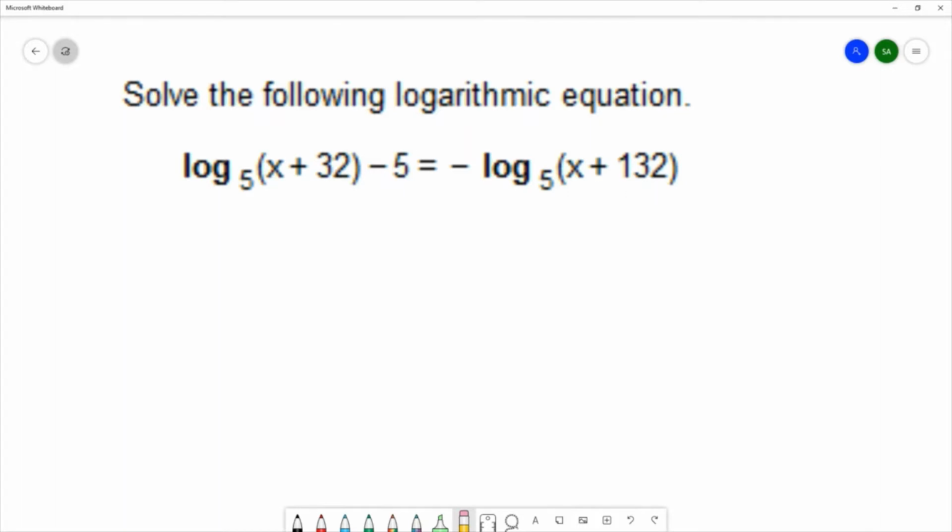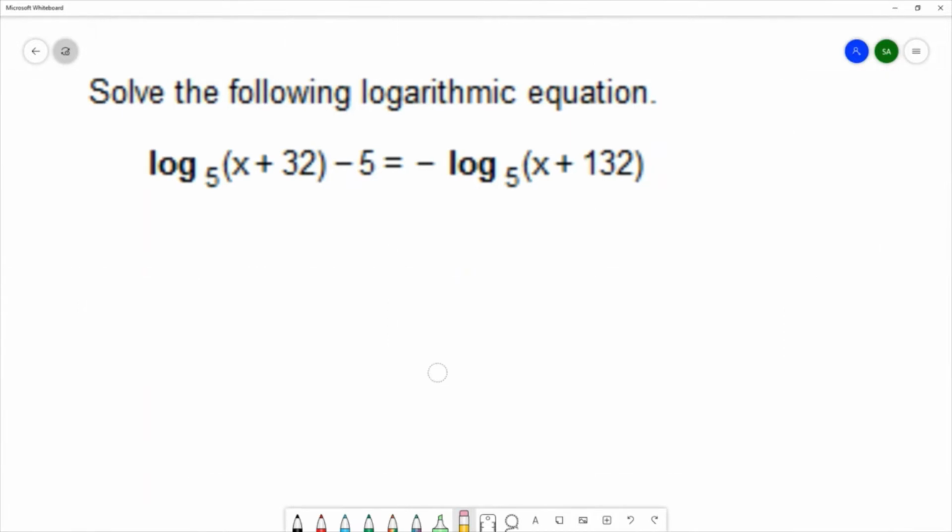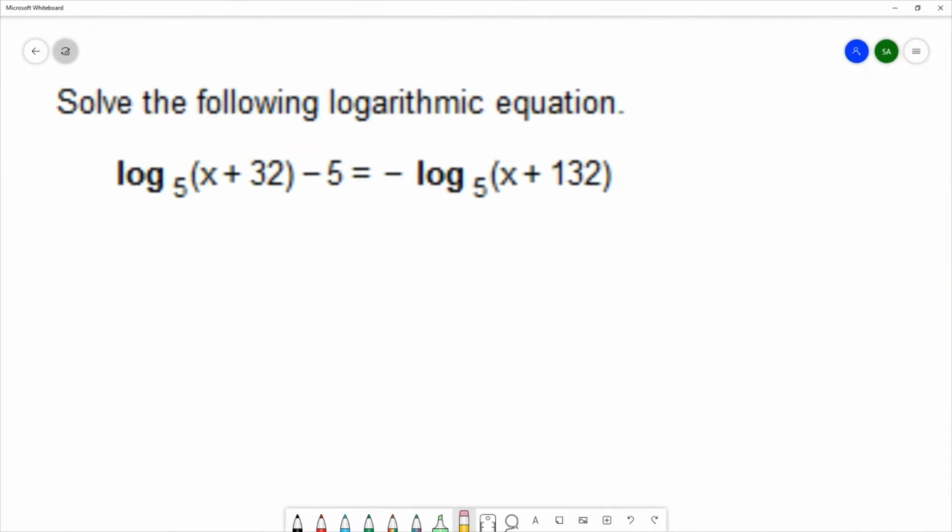Now, I have two main strategies that I use for solving logarithmic equations. And the two strategies are using the property of equality or converting to an exponential.